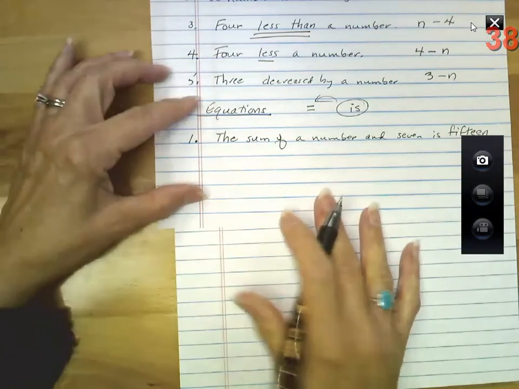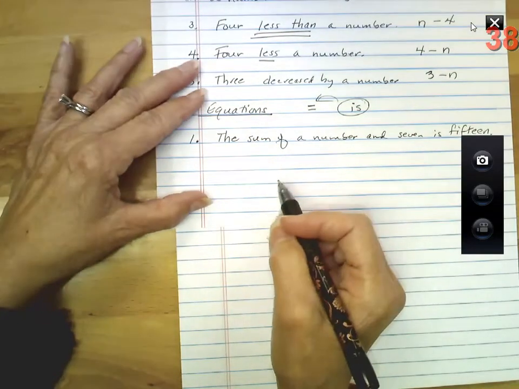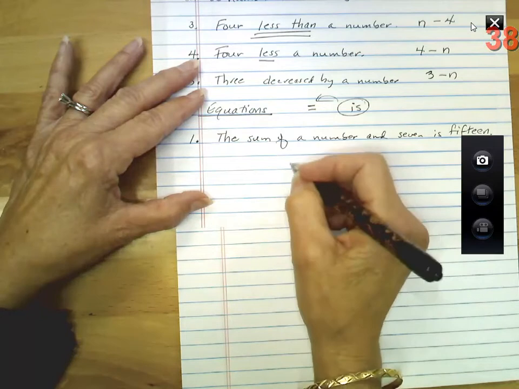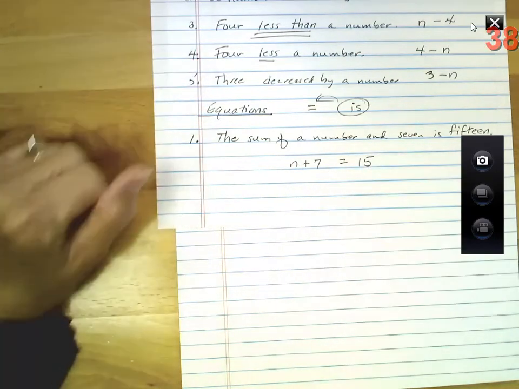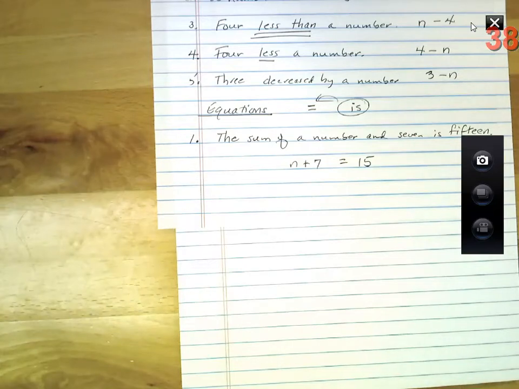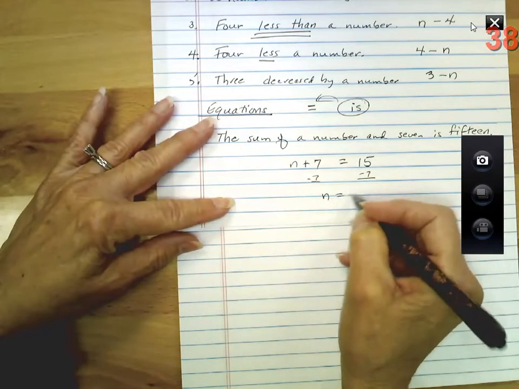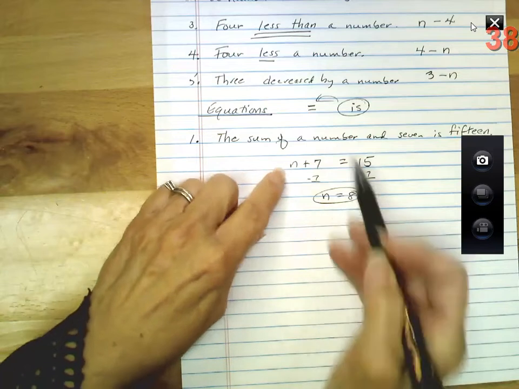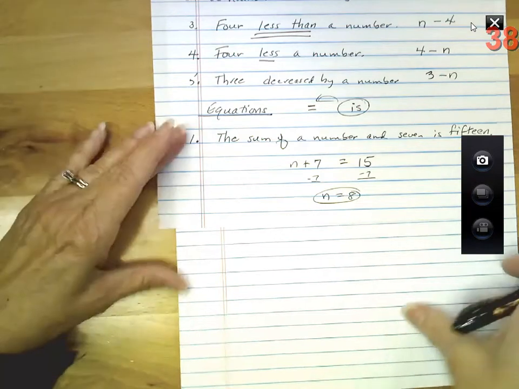So, the sum of a number and 7. How would I write that? N plus 7 equals 15. And then you solve it. Okay. All right, so I would subtract 7 from both sides, so n equals 8. So the sum of 8 and 7 is 15. So you're just changing these words into symbols and equations and then solving them.